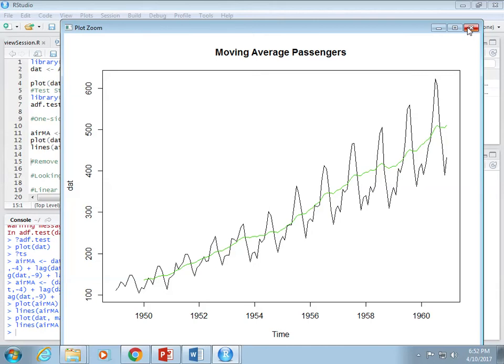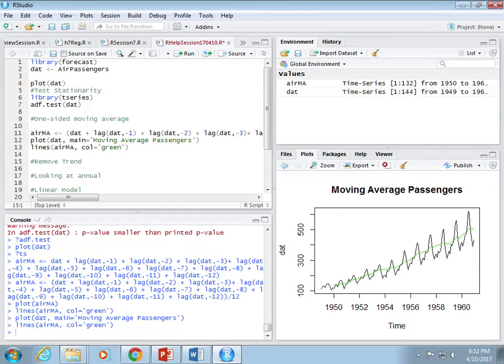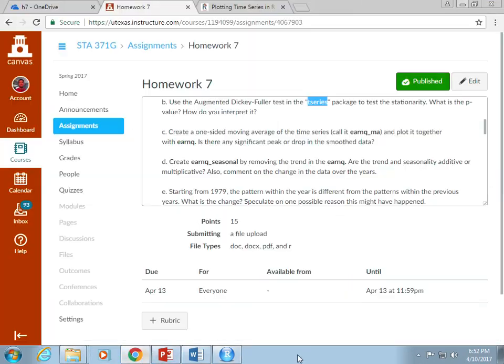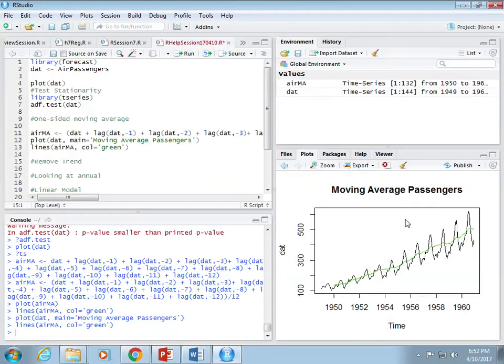Okay. So that's a good looking plot, something I'd like to see in homeworks. Did we see any significant peaks or drops in this particular plot for the smooth data? Yeah, not so much on this one, but you could. Yep.